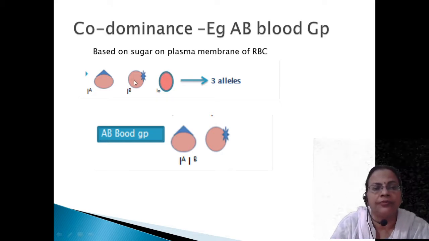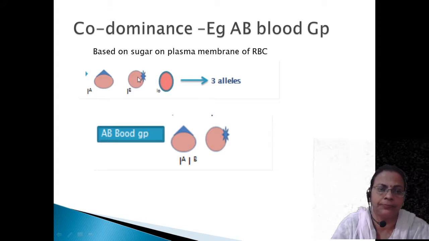And if we are considering the relationship between A and B, when the A and B alleles come together, they express a kind of relationship that is codominance. That means neither allele is ready to be suppressed. Instead, both will simultaneously express.